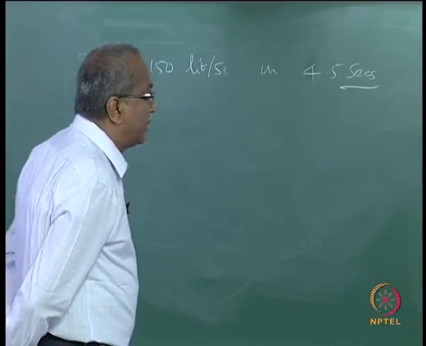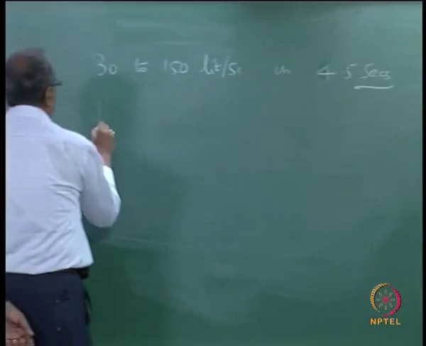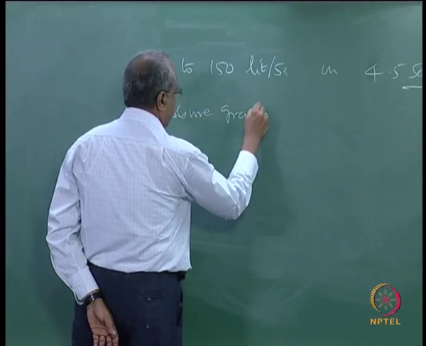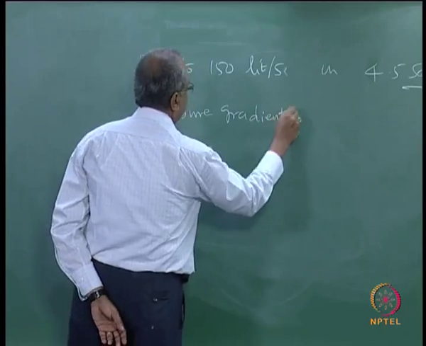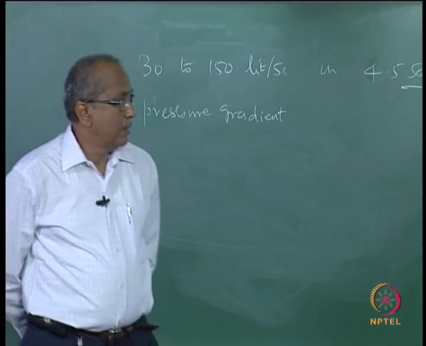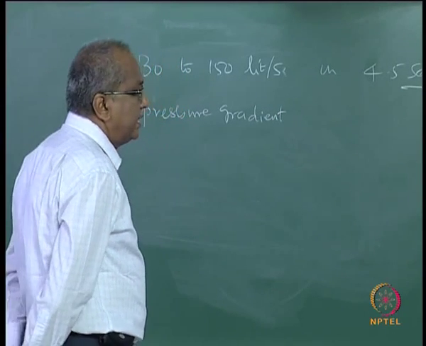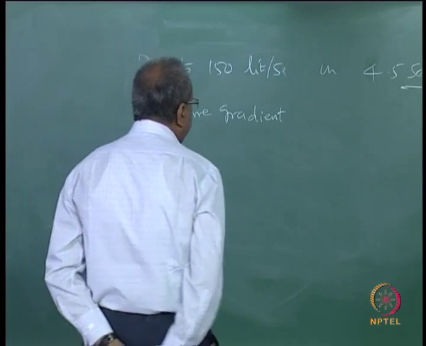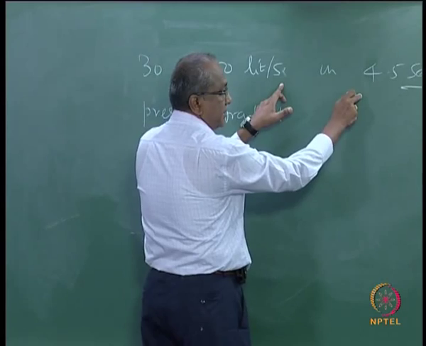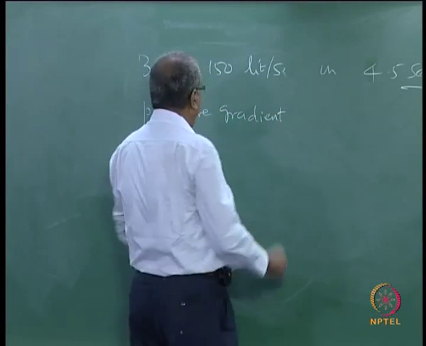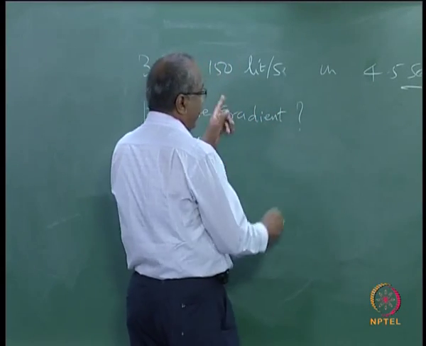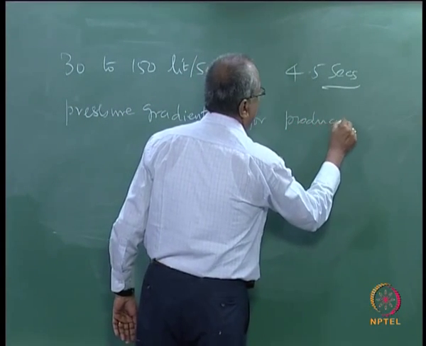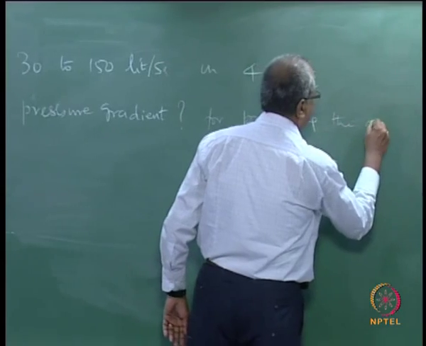What are you supposed to do? Get the pressure gradient. What is the pressure gradient that should exist to produce this kind of acceleration? You understood? What is the pressure gradient for producing the above acceleration?